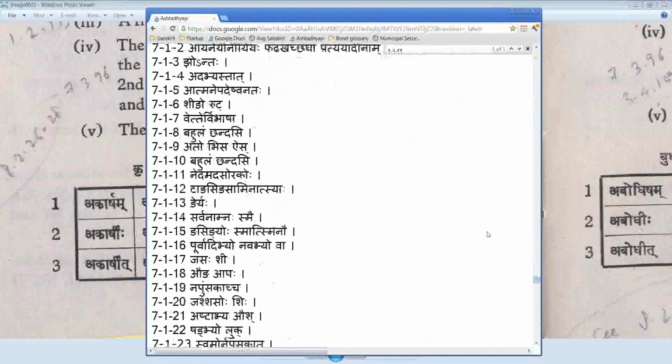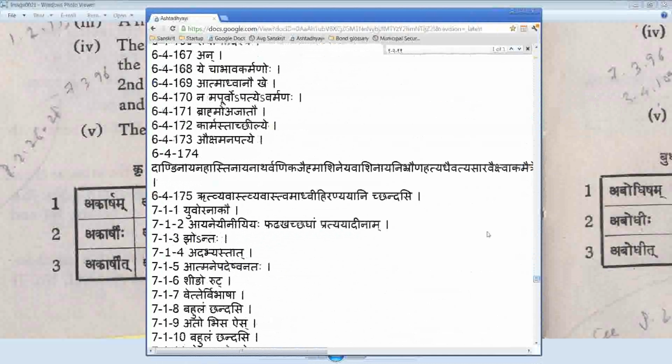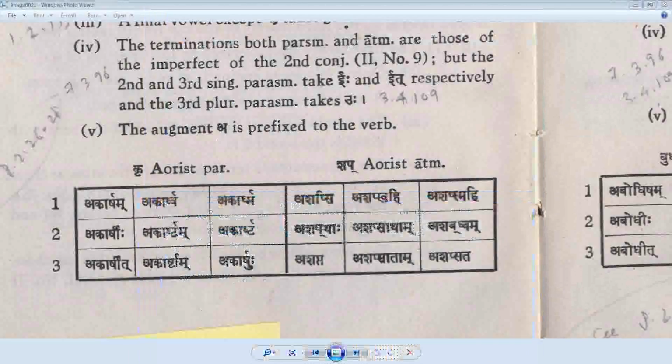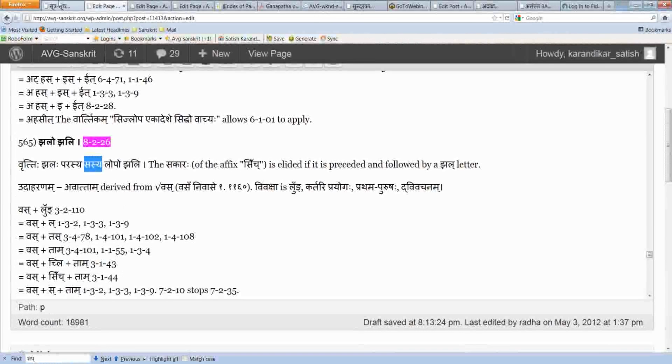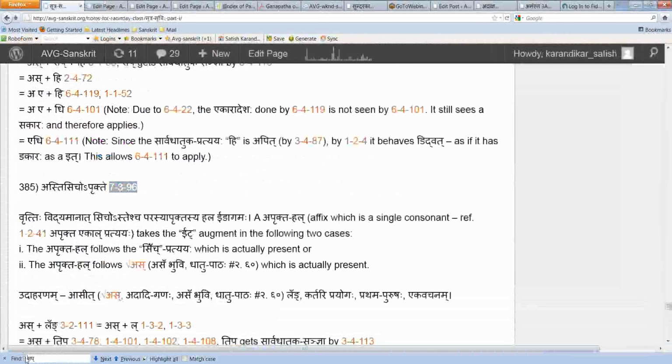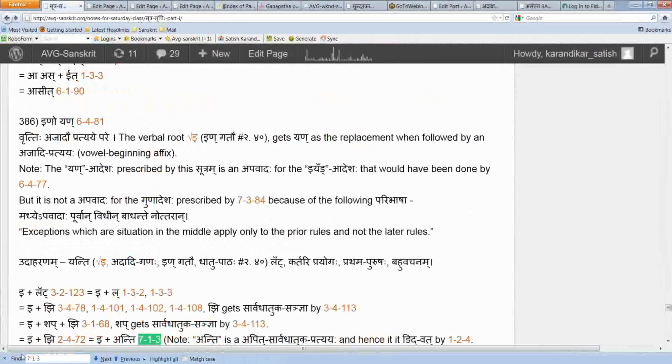In the beginning of 7.1, all the pratyaya adesha. So jontaha is there. Of course, jontaha we have used a lot everywhere. But let's see, pratyaya jakarasya sthane ant adesha. Jhontah.